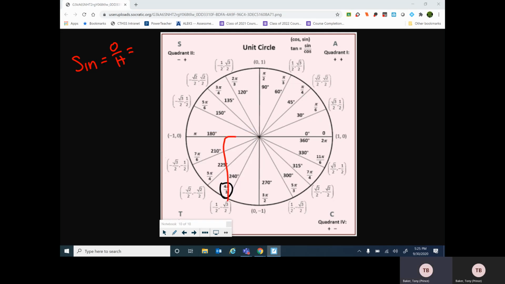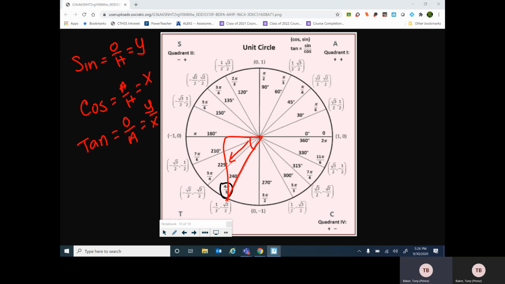If we're looking at a triangle, and my angle's here, opposite is my y value. So your sine is going to be your y. Cosine is adjacent over hypotenuse. So that is my x, because that's that side there. And then tangent is opposite over adjacent. So that's y over x.